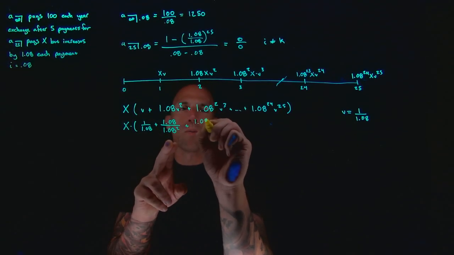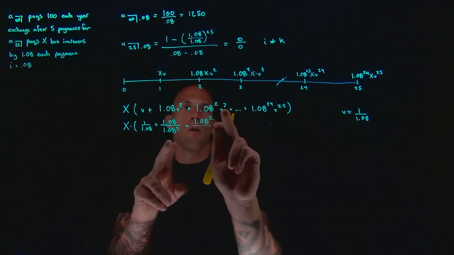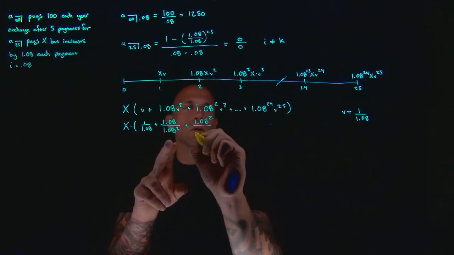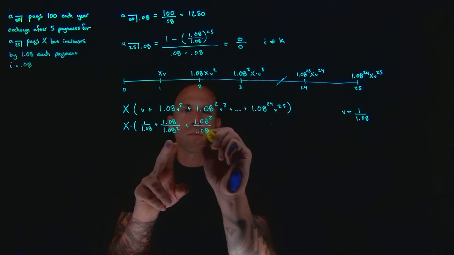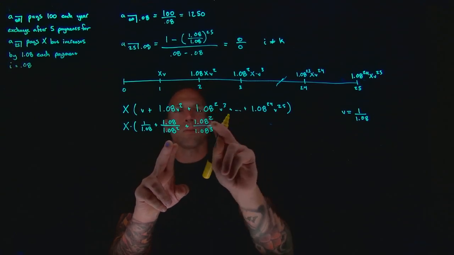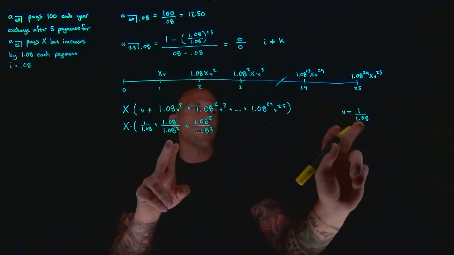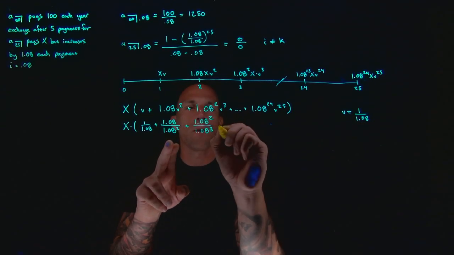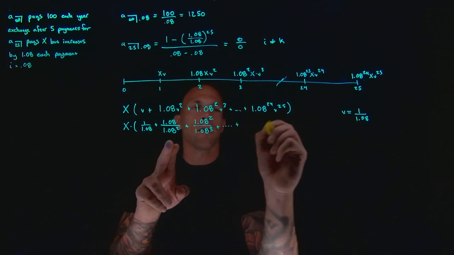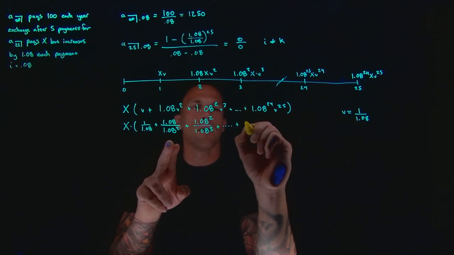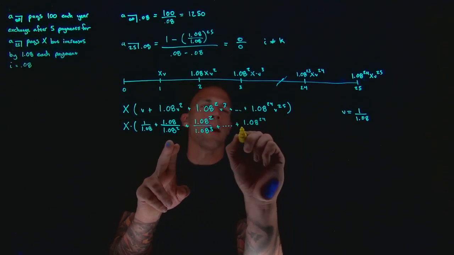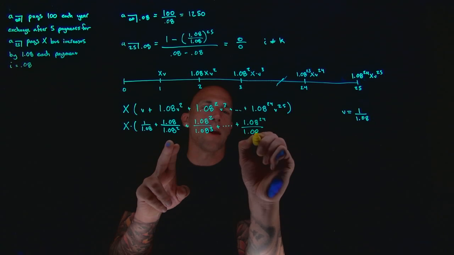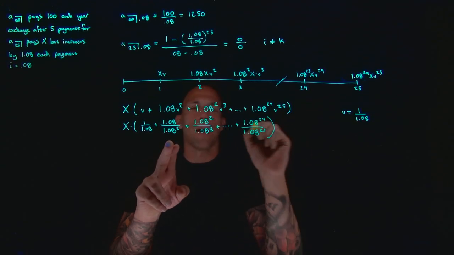And here we have 1.08 squared times v to the third, which is the reciprocal of 1.08 raised to the third power. And going on to the very last payment here, we have 1.08 to the 24th over 1.08 to the 25th.